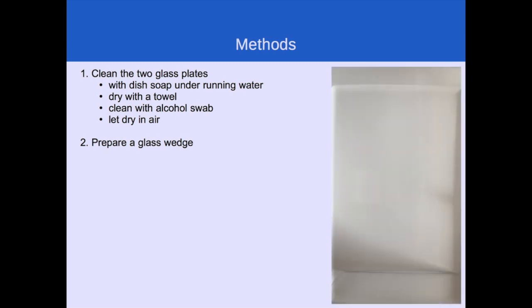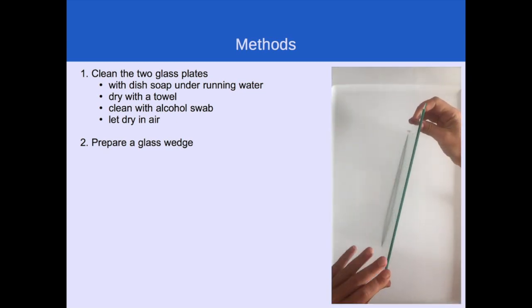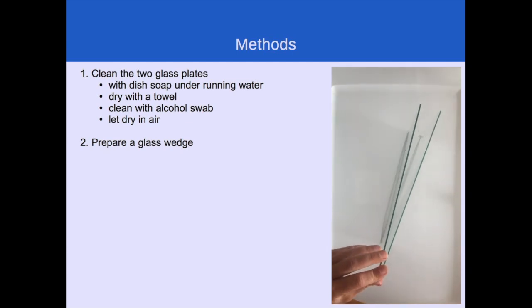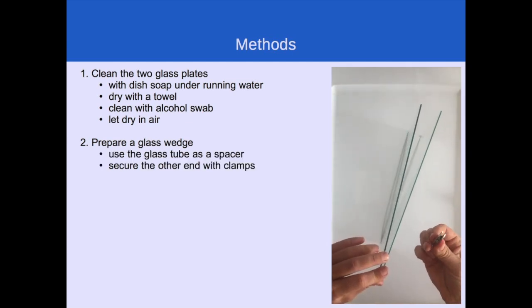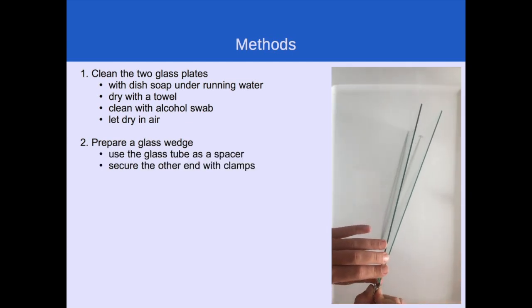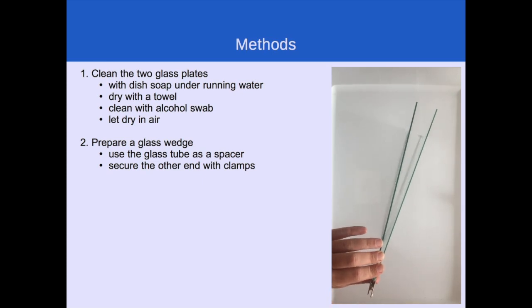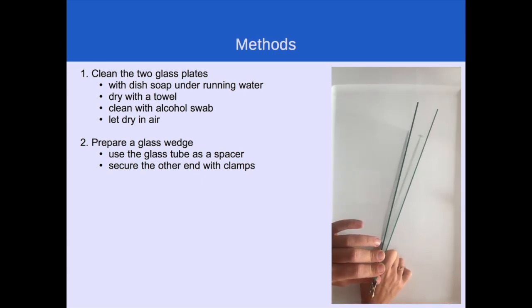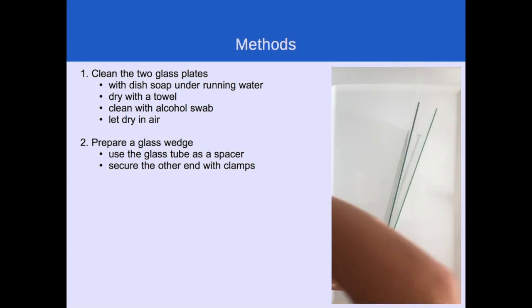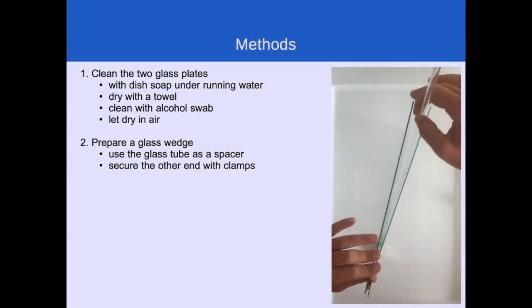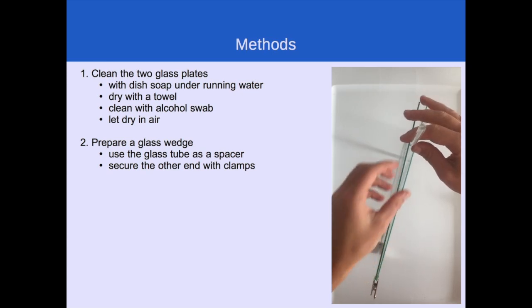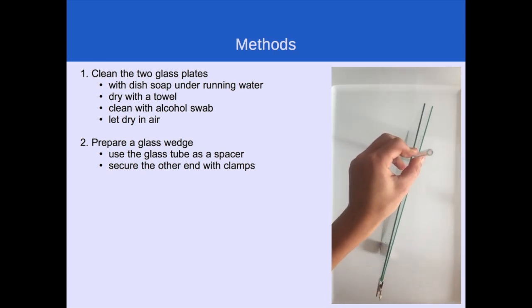The second step is preparing our wedge with the glass plates that we just cleaned. You want to put them on top of each other and then open them at a certain angle and secure one side of the glass wedge with the metal clamps. On the other side, to make sure that it doesn't close, I'm going to put the glass tube in it and use it as a spacer.